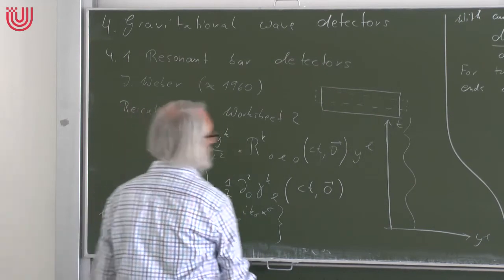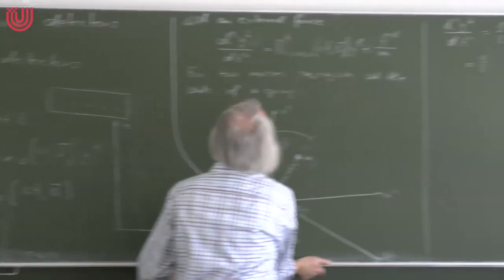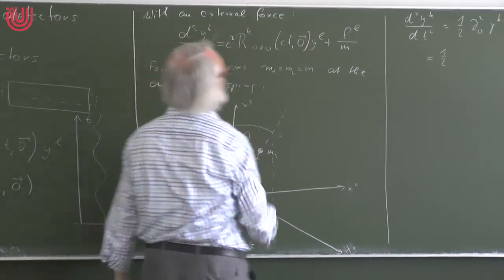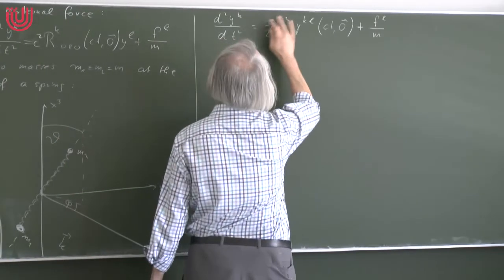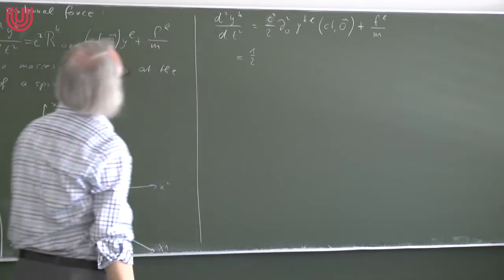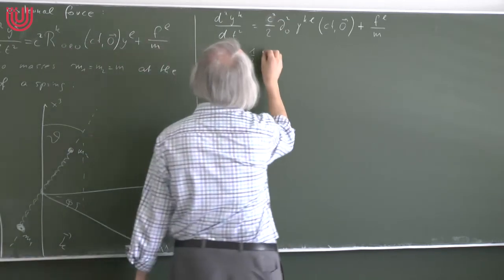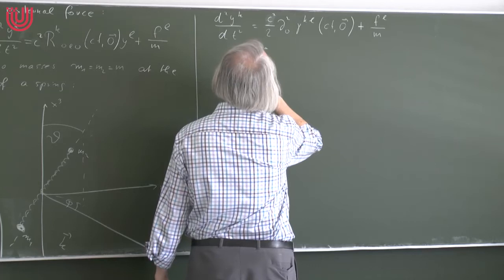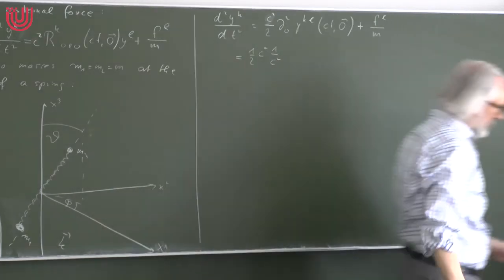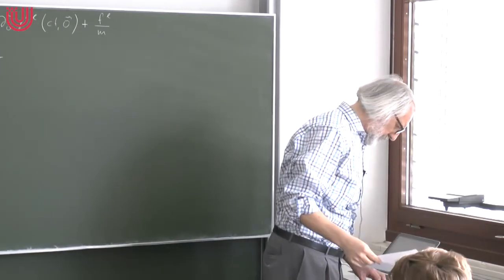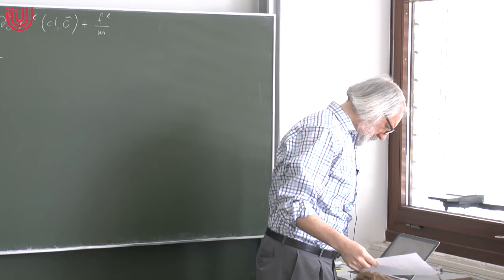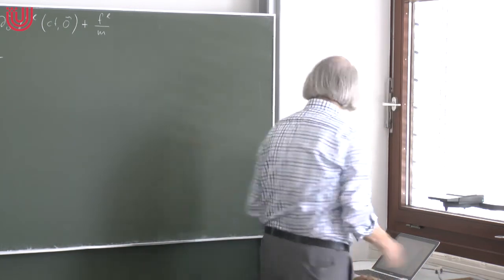Yeah, these factors of c really drive me crazy, but I have to take them into account. Now I get a 1/c squared. I hope that's correct. Is it true that now the c squared factors are gone? Yes, I think so.